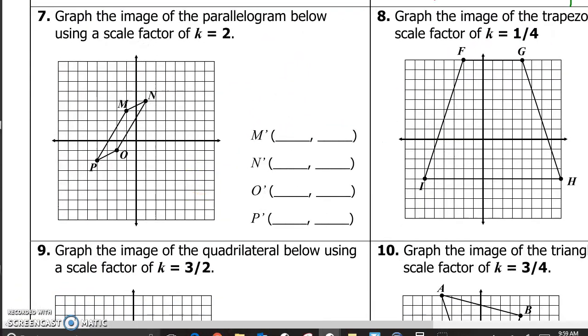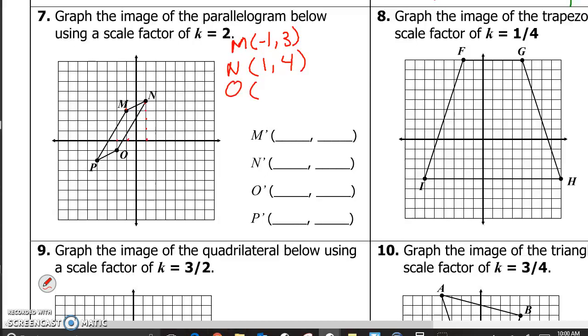This one's a little bit different because you're given an image, and then you have to use the scale factor of k equaling 2. So we need to find the points of the original image. So M is at negative 1, positive 3. N is at positive 1, positive 4.